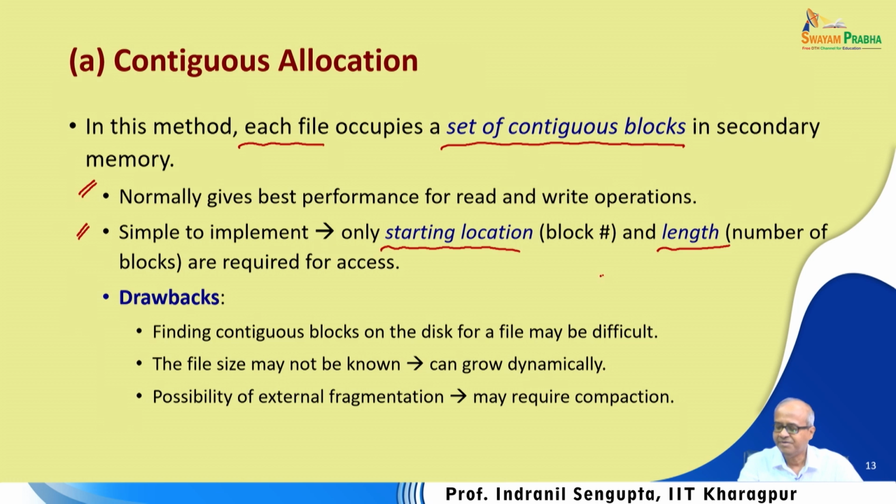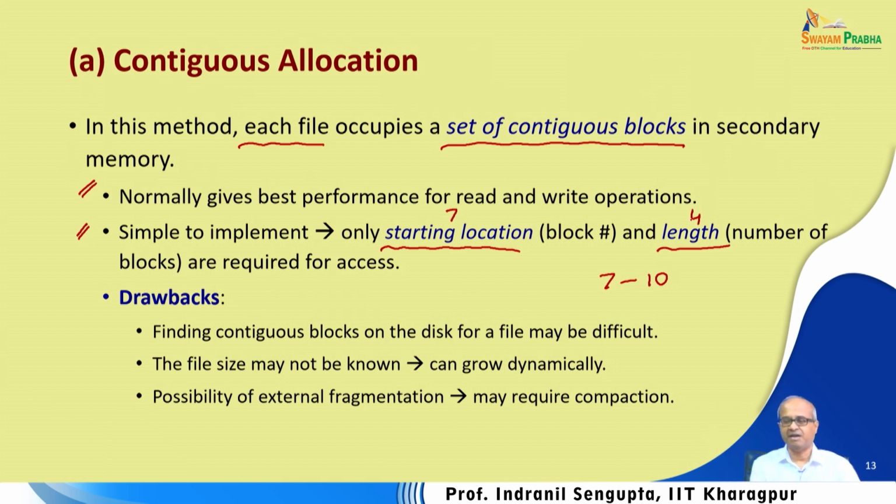So, as I said, 7 to 10, 7 is the starting, 10 is the ending. You can either keep it like that, or you can keep starting location 7 and length 4, 4 blocks are there. But this method, although it is very simple to implement, has some obvious drawbacks.